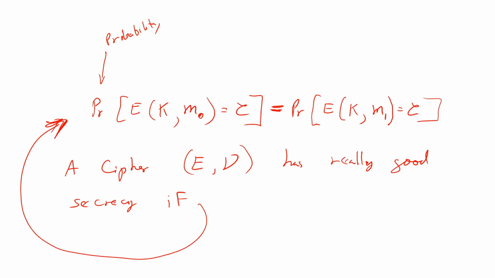So if you have the cipher, that's what you have, then a good cipher means that given the cipher, the probability of getting either M0 or M1 just by having the cipher is the same, equivalent. Exactly. Very good. Do you understand now, guys? Yeah.